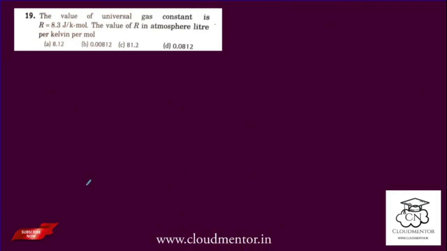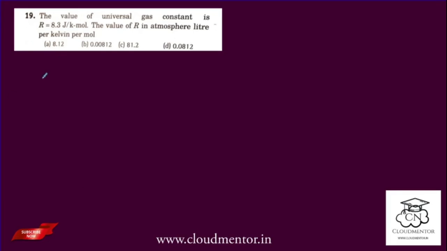Next question. The value of universal gas constant is R equal to 8.314 joule per Kelvin per mole, and we need the value of R in atmosphere liter per Kelvin per mole.